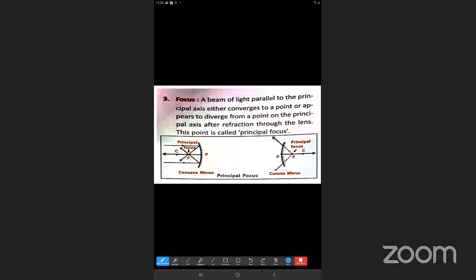This point is called principal focus. On a concave mirror, we observe the convergence of the rays. On a convex mirror, we observe divergence of the rays. So after refraction, they meet at one point, that is the focus.